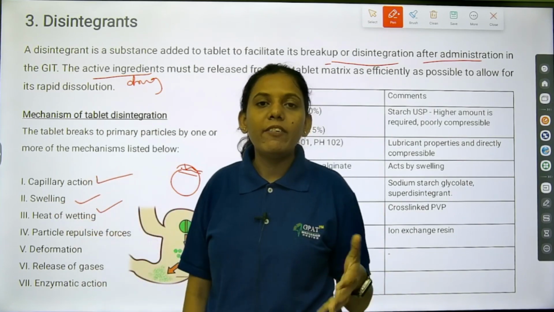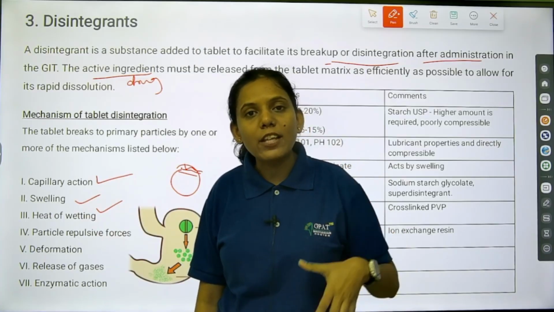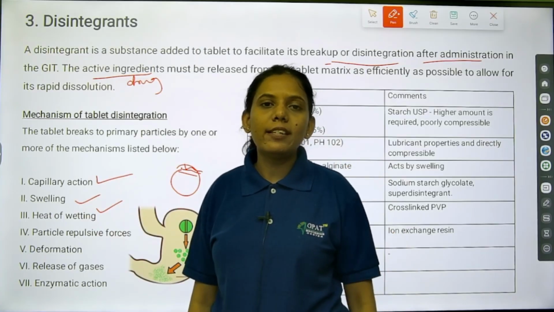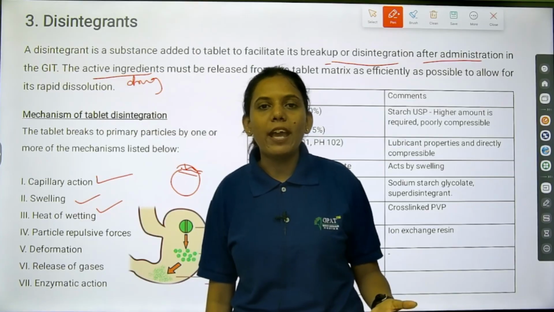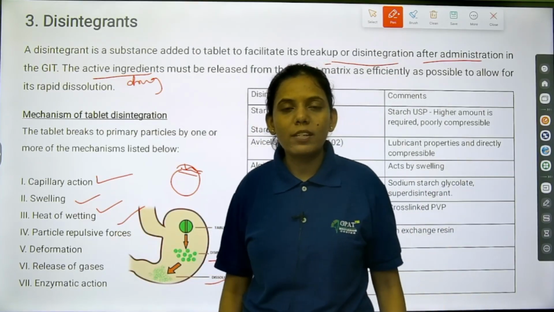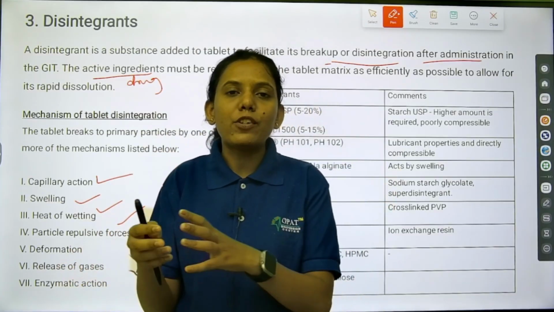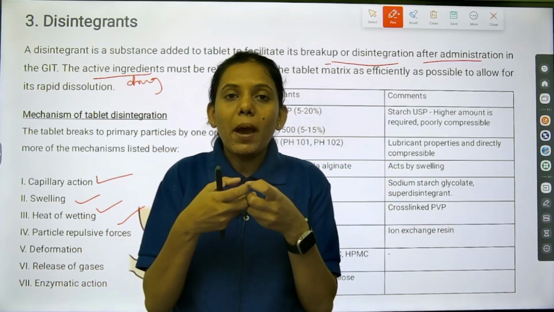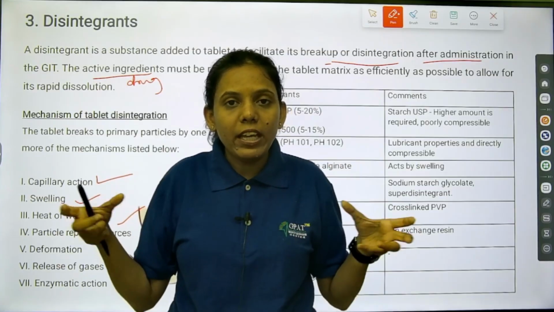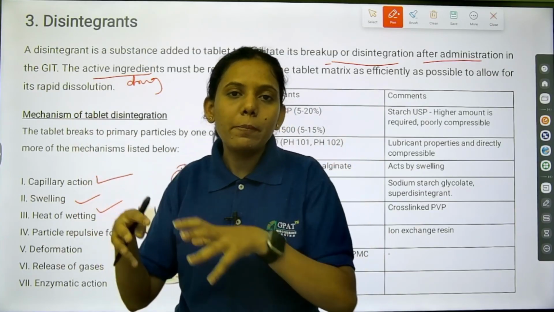Heat of wetting. Wetting means the tablet should have proper wetting properties with the gastrointestinal fluid. Then only the disintegration will happen. If it does not have wetting properties, it will not dissolve. Particle repulsive forces means as soon as your tablet comes in contact with gastrointestinal fluid, the particles will push away from each other, and because they push away from each other, it will create gaps in between them.